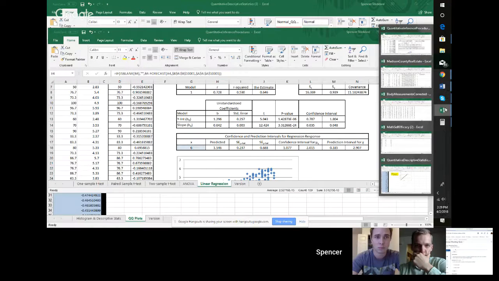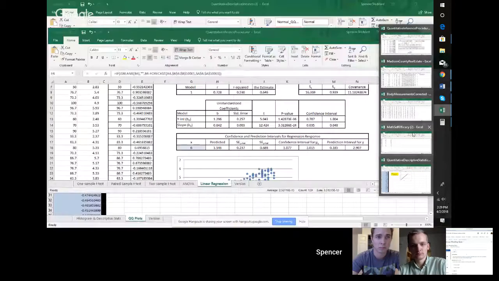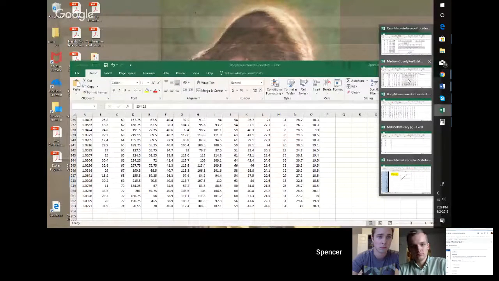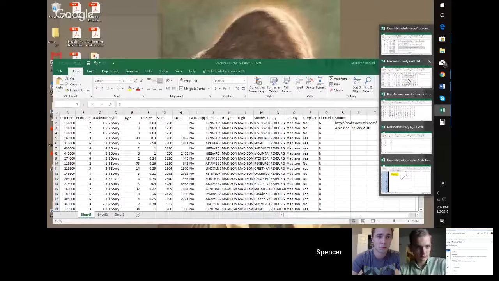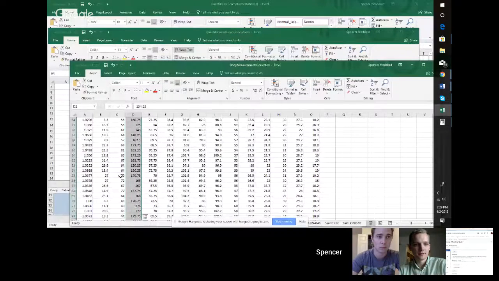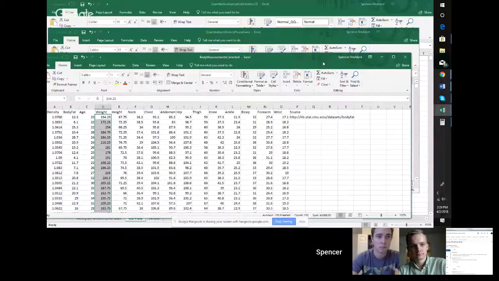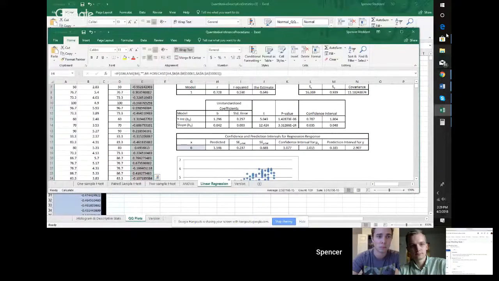So 14. Head length is used to predict body length, which means head length is explanatory and body length is response, right? Yep. So which is the dependent variable? Body length then. That okay?